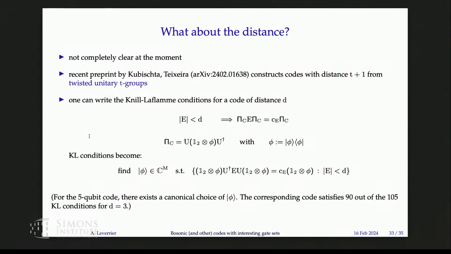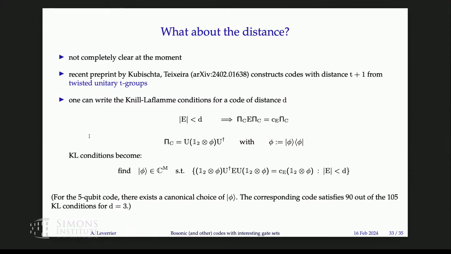But in general, you can always write down the Knill-Laflamme conditions if you want to have a code of distance d. They give you a bunch of equations that you should satisfy if you want to find a code with the right distance. So you just need to find a state phi in the right multiplicity space that satisfies this bunch of equations.